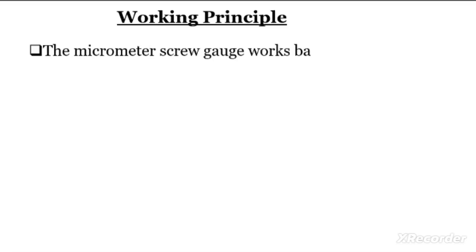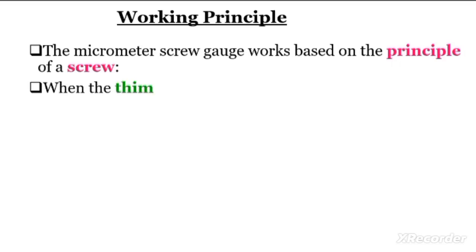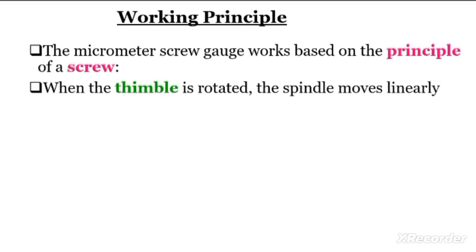The micrometer screw gauge works based on the principle of the screw. When the thimble is rotated, the spindle moves linearly, or straight, due to the screw threads.